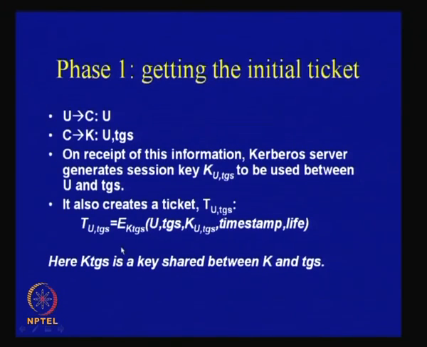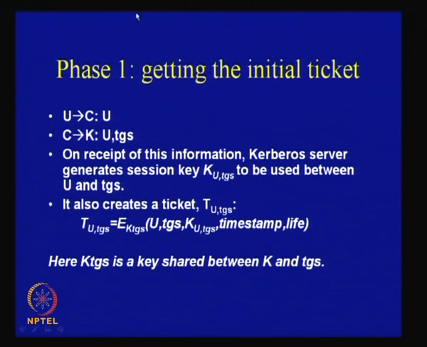The ticket comprises the identifier of the user U, the identifier of the ticket granting service, and the session key KUTGS, along with the timestamp and the life of this ticket. So, there is a kind of life or an expiry date of this ticket.